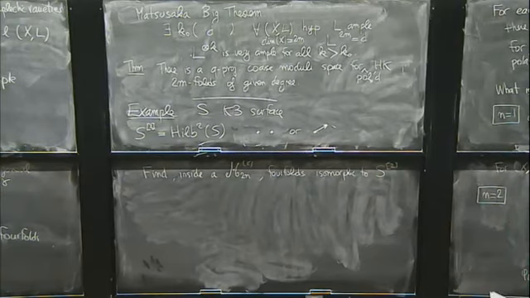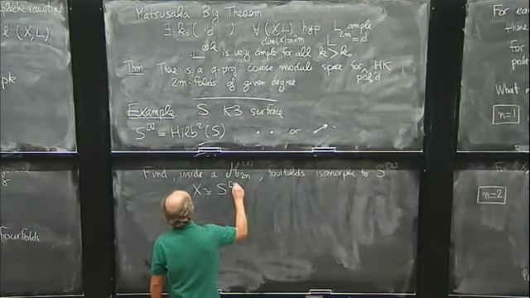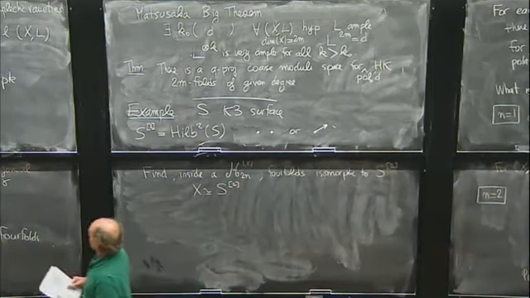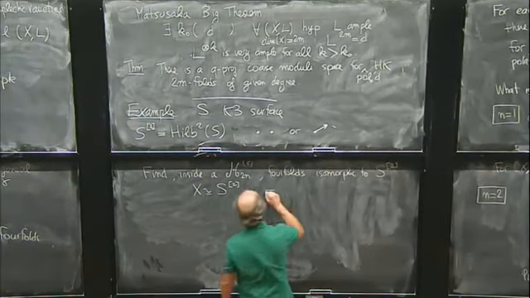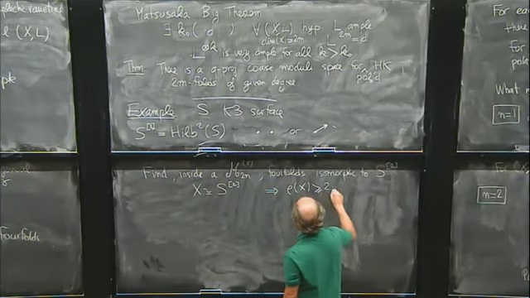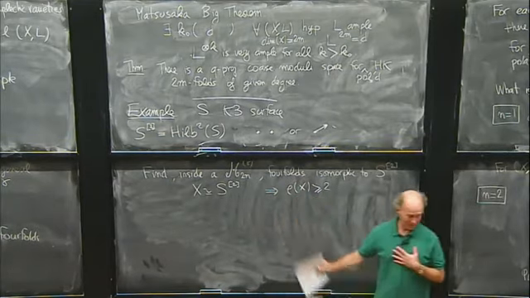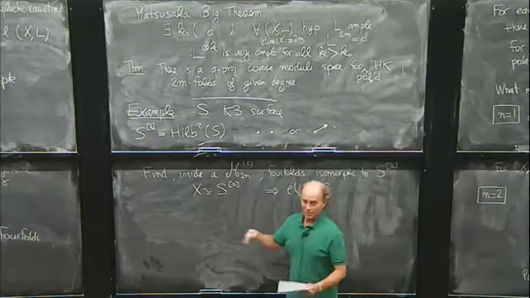So the first condition, if you want X to be isomorphic to S^[2], is that you need the Picard number to be at least 2. Because the Picard number of S^[2] is always at least 2.